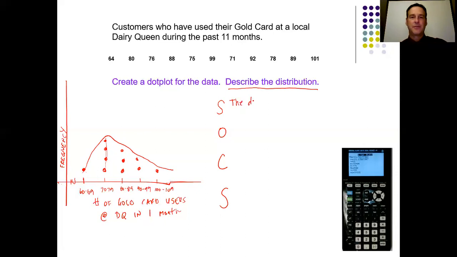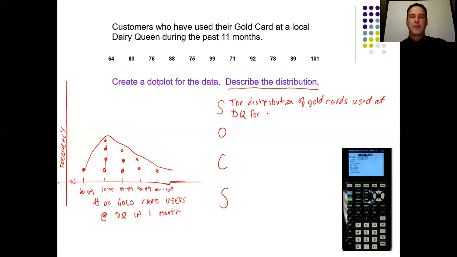The distribution. When I say context, it means I'm going to talk about Dairy Queen gold cards. Okay. The distribution of gold cards used at Dairy Queen. Don't we all call this DQ? I will too.